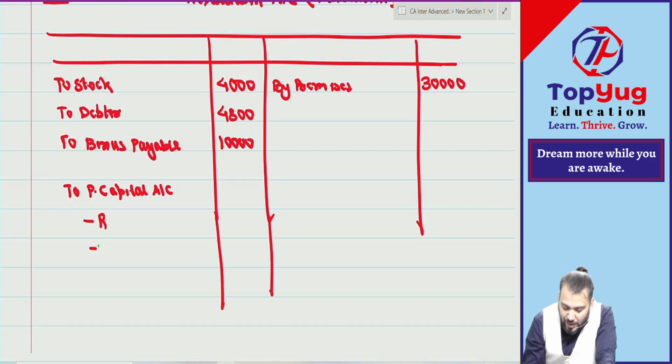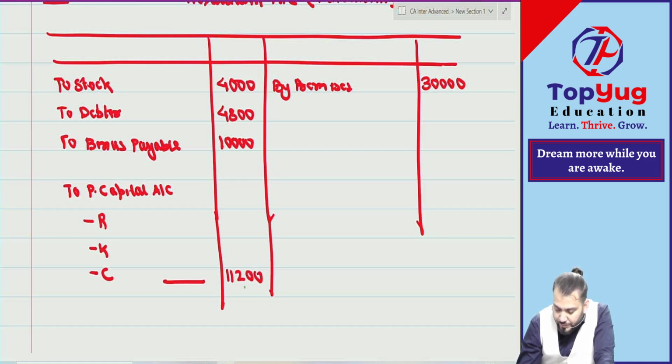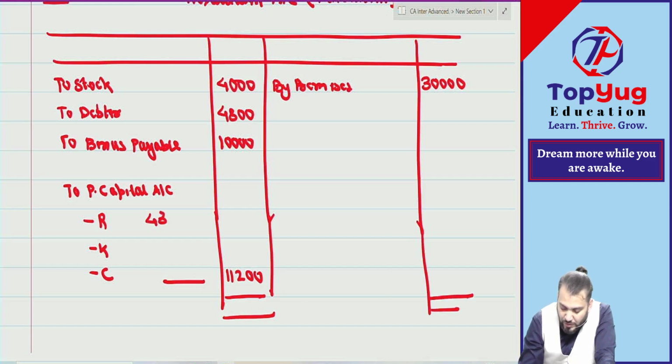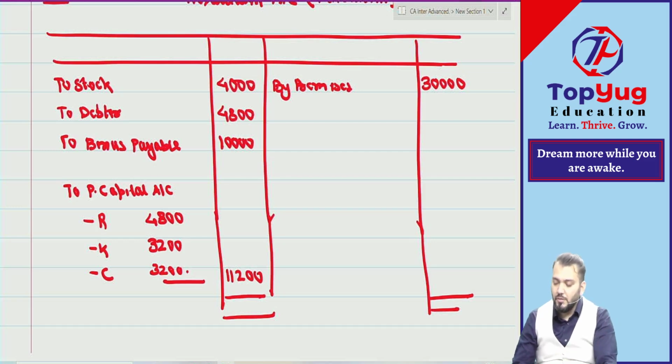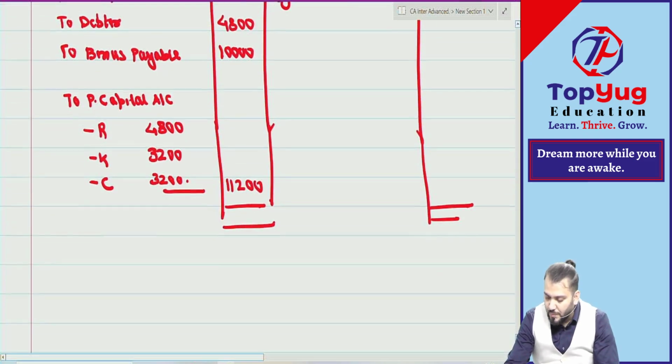RKC. Can you allocate? 11,200 now. 4,800. 3,200. 3,200. Done. Then second, what will you do?